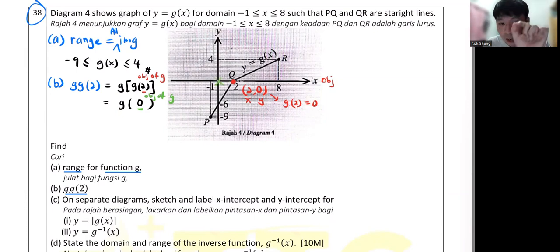When the object x equals 0, the coordinate is over here. If I write this in function, you will get g(0) = -6. So your image will be -6.